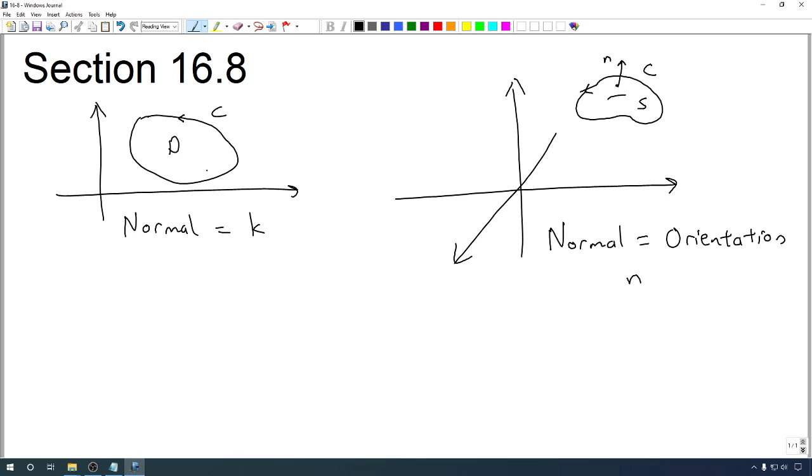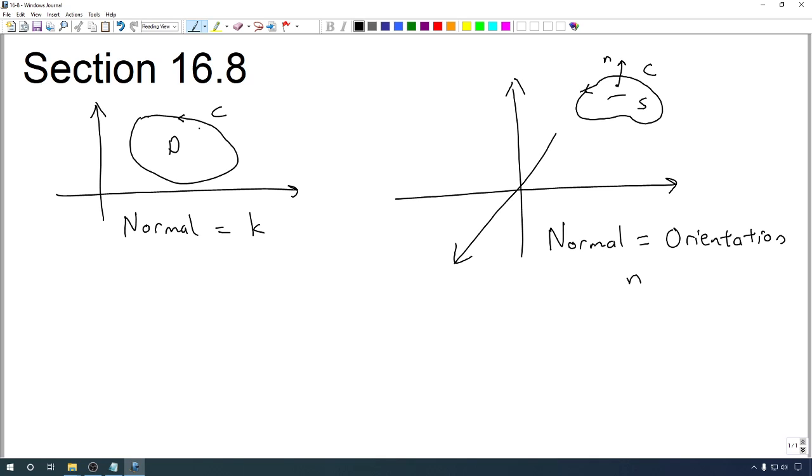When we were talking about Green's theorem, we oriented it normally in a counterclockwise fashion, but we specifically said that in case we had any holes in the middle, we are always treating it as if D was always to the left of our orientation.